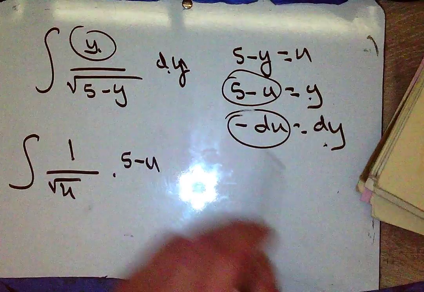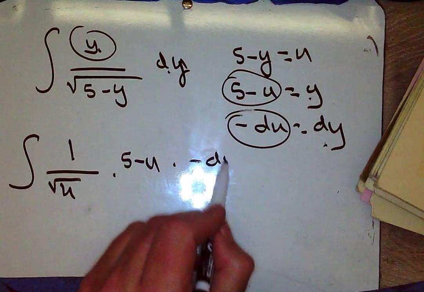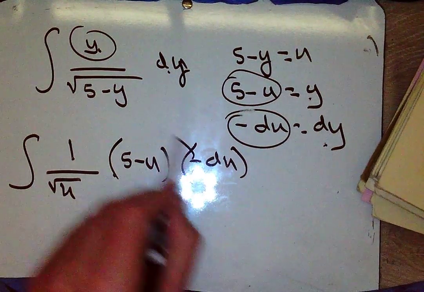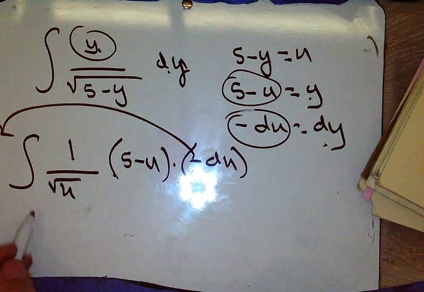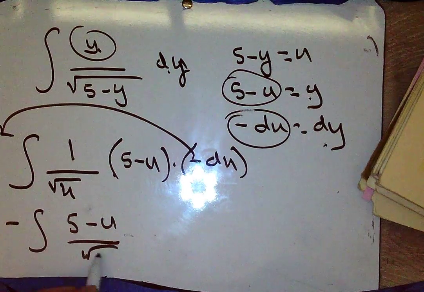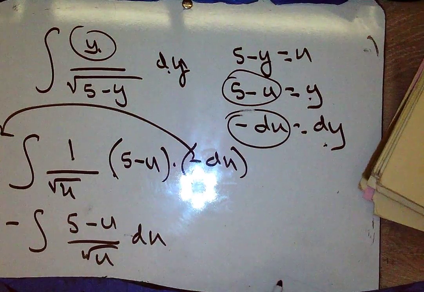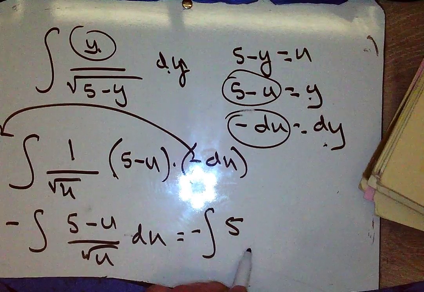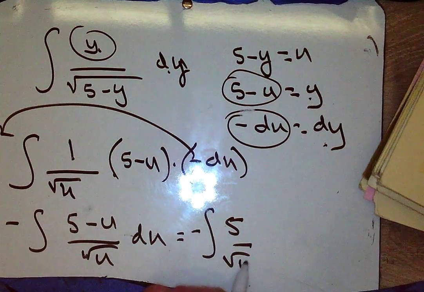And then the dy can be replaced with negative du. All right, and take the negative out. And so now I've got negative integral 5 minus u, square root of u du. And this can be split up into two integrals.